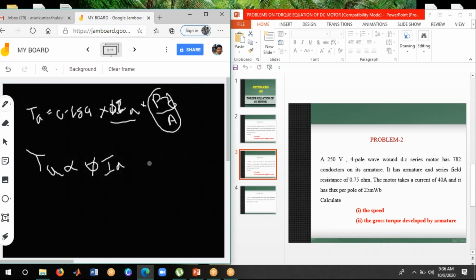Now you need to know the relation for the DC shunt motor as well as the DC series motor. First I am going to write it for the DC shunt motor. For a DC shunt motor, the flux is constant.